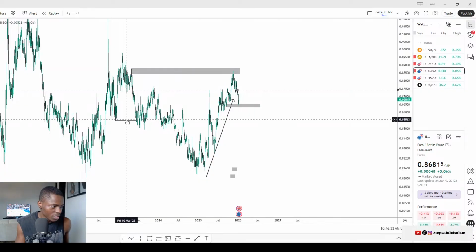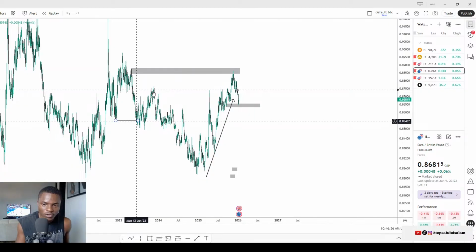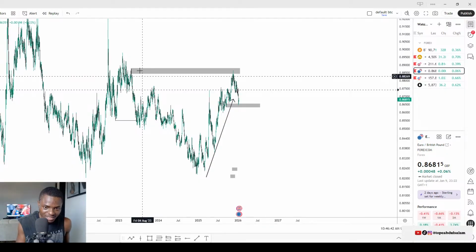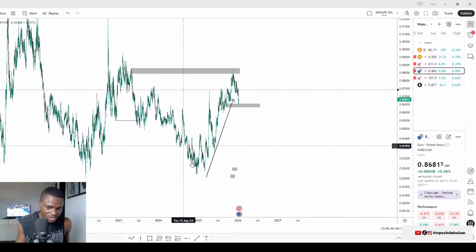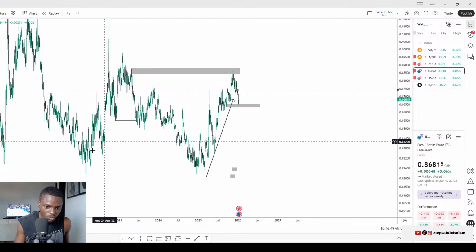So after we broke structure, the first pullback did not touch this order block. That was the inducement, and we sold all the way here.